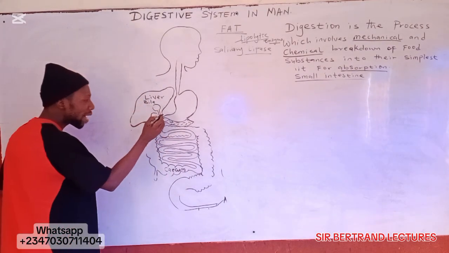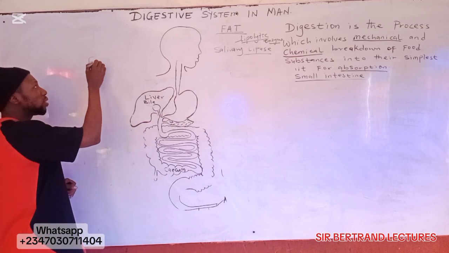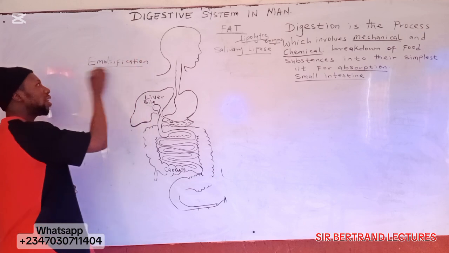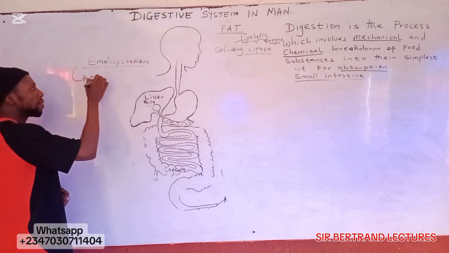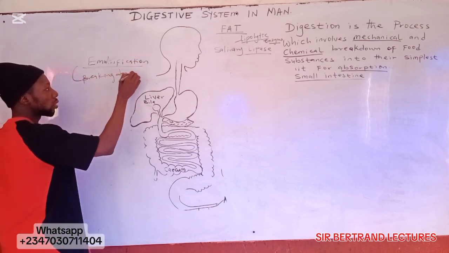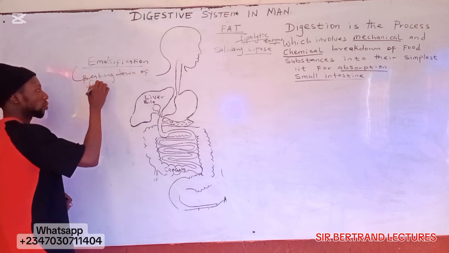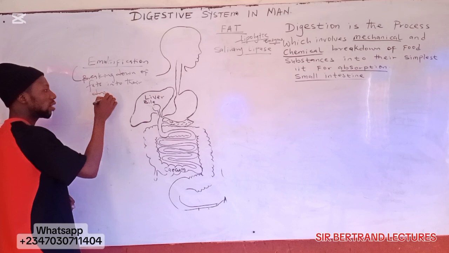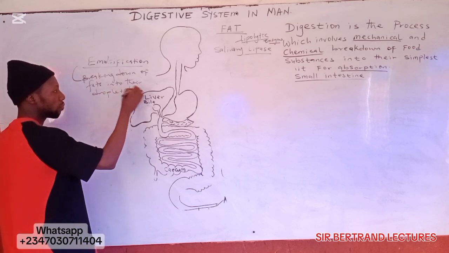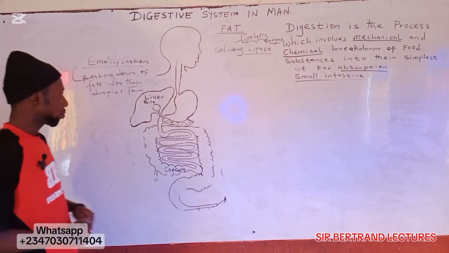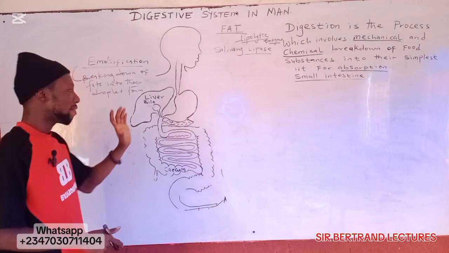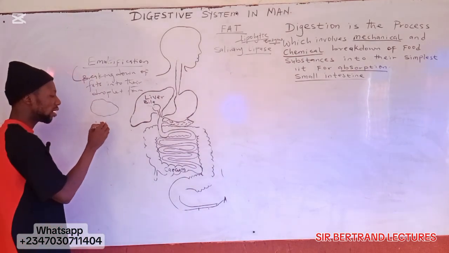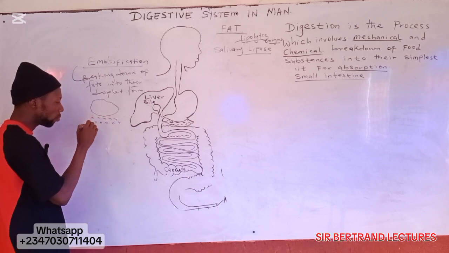The effect of bile on fat and oil is known as emulsification, which is the breaking down of fats into their droplet form. The bile emulsifies fats to break the solid fats into their droplet form.